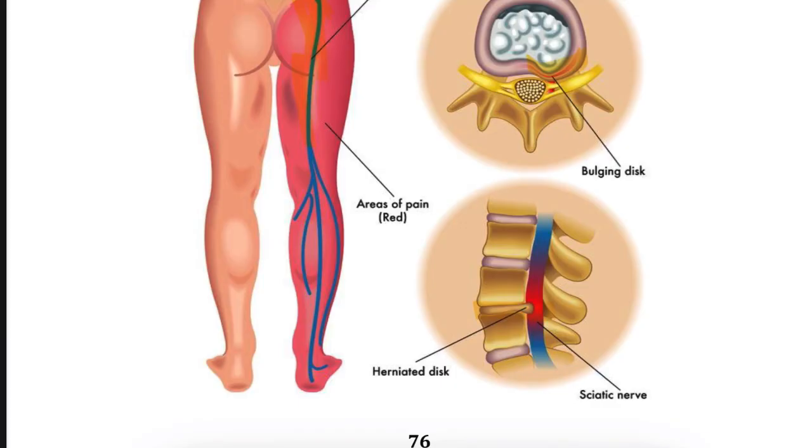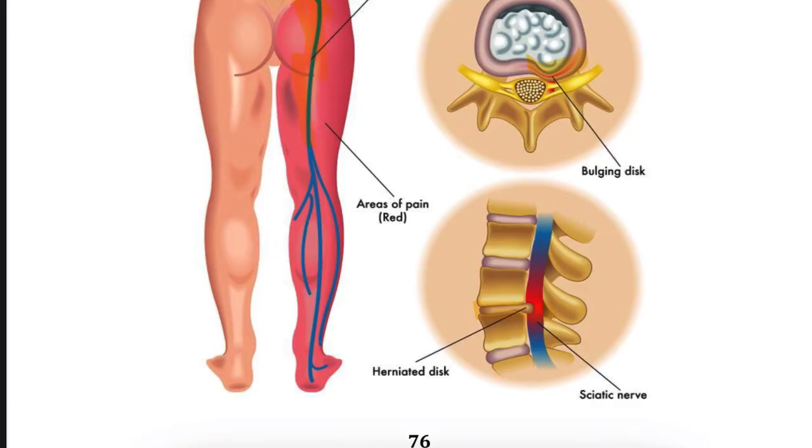In clinical features, the patient typically presents with lower back pain radiating to the buttocks, posterior thigh and below the knee, and paresthesias like tingling sensation, muscle weakness in the affected leg and reduced reflexes.